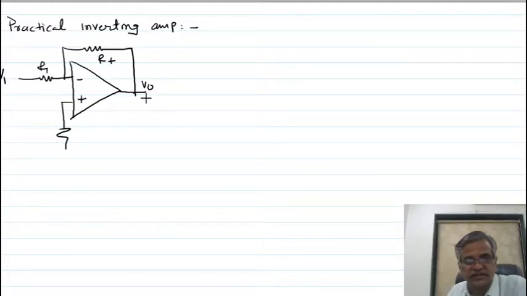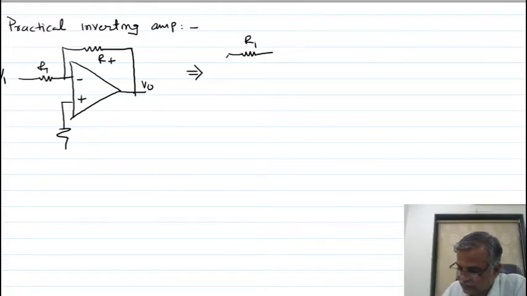In the first lecture of the op-amp, I have drawn the equivalent circuit of the operational amplifier. Using that circuit, I am drawing the equivalent circuit for this operational amplifier as shown in the figure.